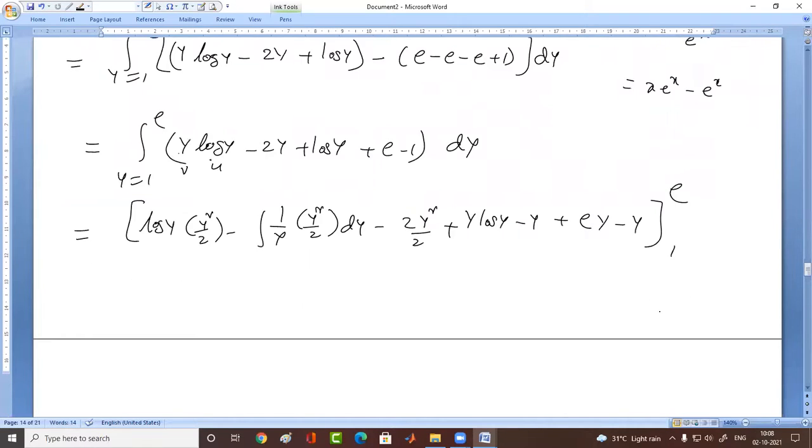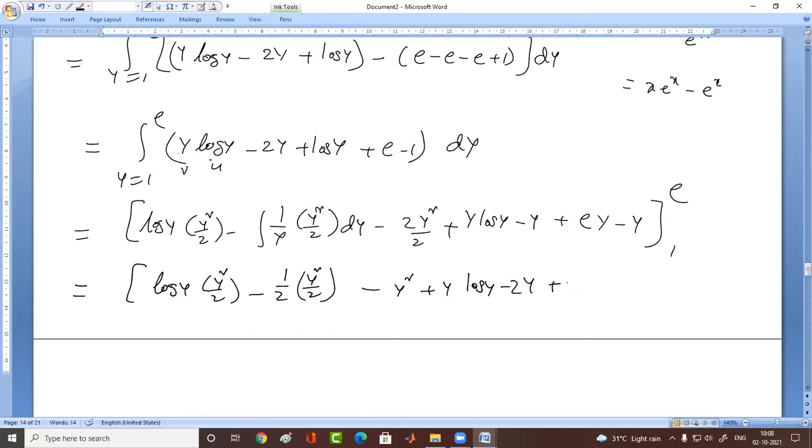After finding the integral, we will apply the limit. Here y cancels, y square by 2. Then we apply the limit: y log y minus y, 2y, ey, 1 to e.